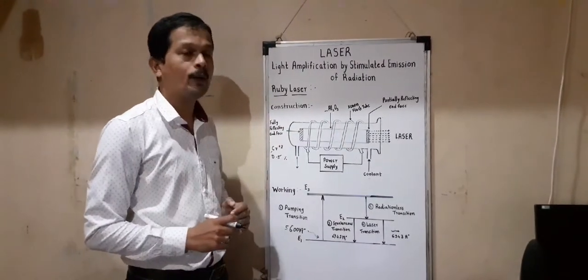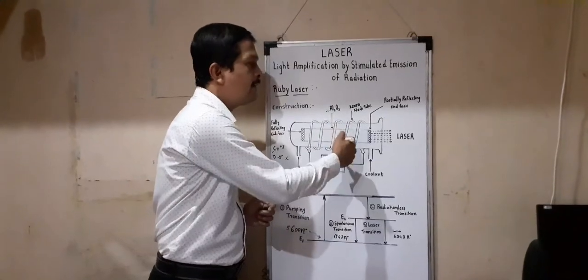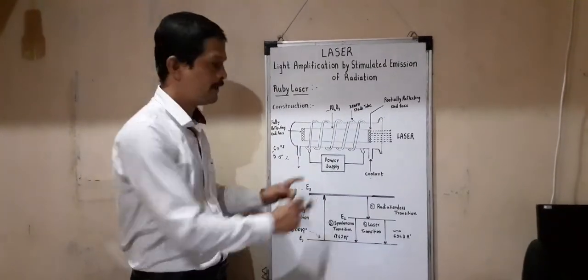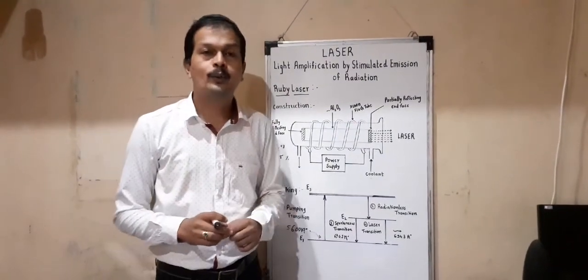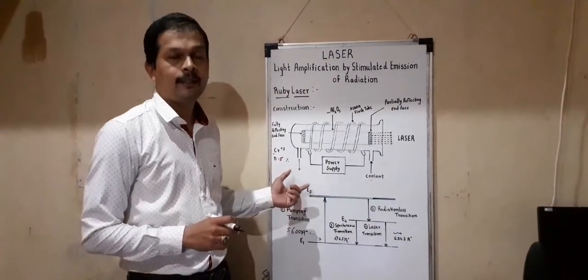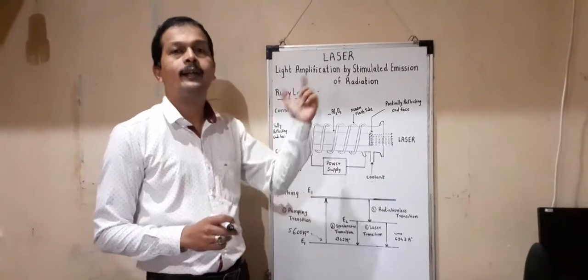Around this ruby rod there is a helical xenon flash tube which is connected to a power supply, which provides energy to the chromium ions so they get excited.